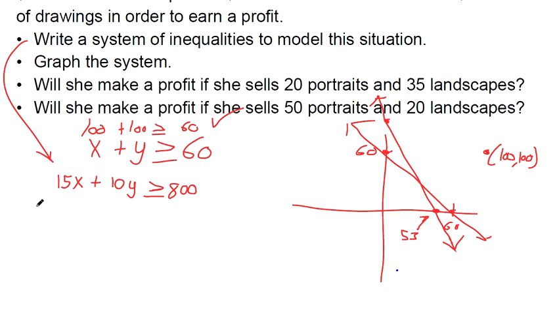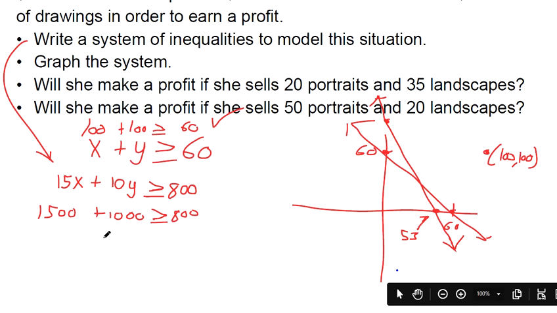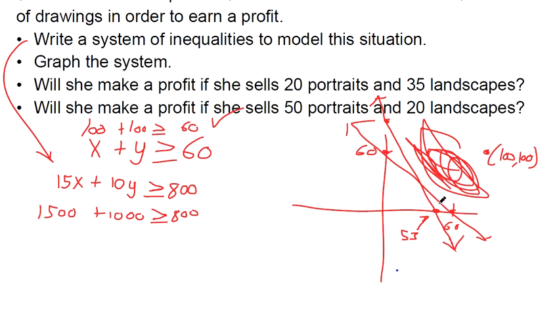And if you plug it in down here, plug in 100 for X and Y, that is true. 2,500 is greater than 800. So this is our solution area. Okay, so that's what we got to do when we graph. And that makes sense, right? Because it's okay to sell 1,000 portraits and 1,000 landscapes. So going bigger on the X and bigger on the Y are good things.